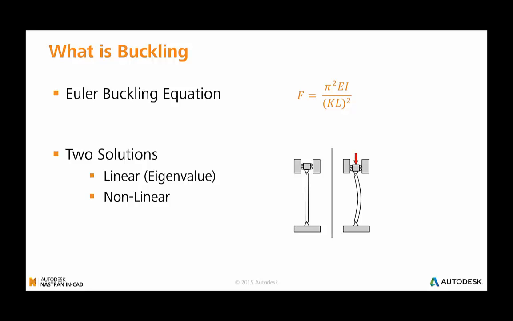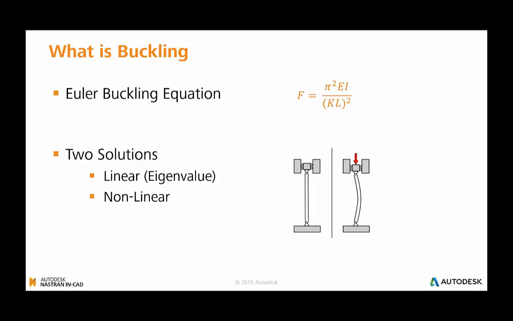If we look at Euler's buckling equation, you can see that it's a function of a couple of different parameters, in particular the stiffness of the part, which is key to understanding the buckling criteria of components, length, which is the unsupported length of the geometry, and then we have some typical properties such as modulus of elasticity and the minimum moment of inertia.